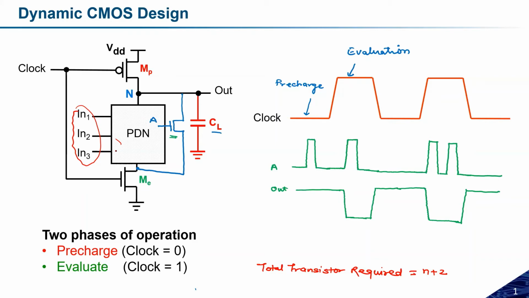So let me repeat it again. In a single evaluation phase, you cannot evaluate two different kinds of input patterns. Each evaluation phase can evaluate only one input pattern. So this is really very important. Okay, so if you see here, this input pattern will not be evaluated.